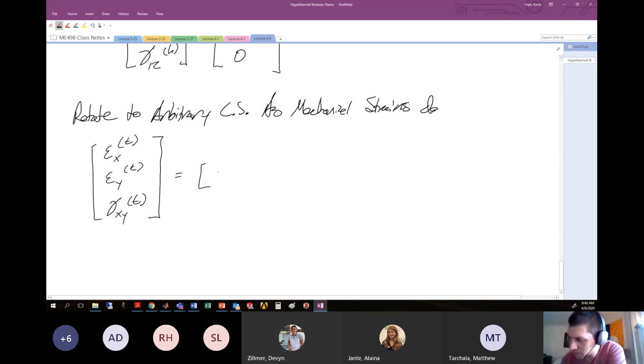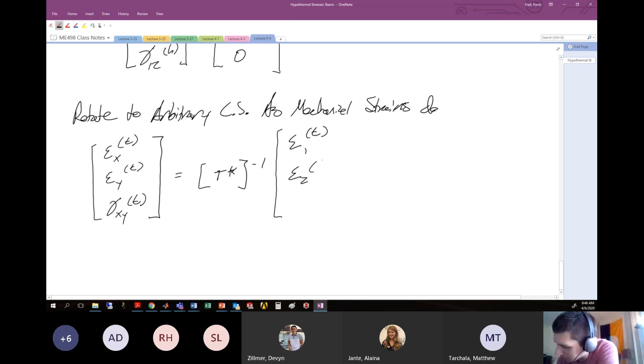So here, the appropriate transformation matrix is T star inverse, which you've all written functions to calculate, right? And here multiplied by the strains which are developed in the principal coordinates, gamma 1, 2 thermal, which we know is 0. All right, so these are the thermal strains that develop.